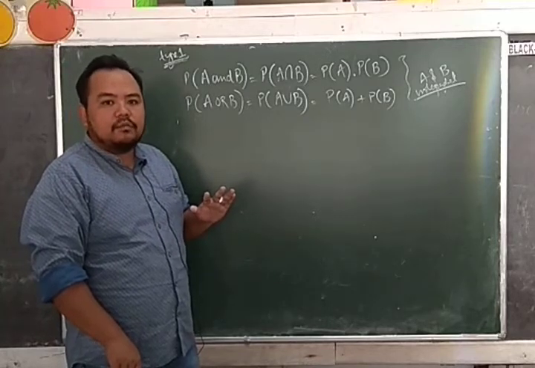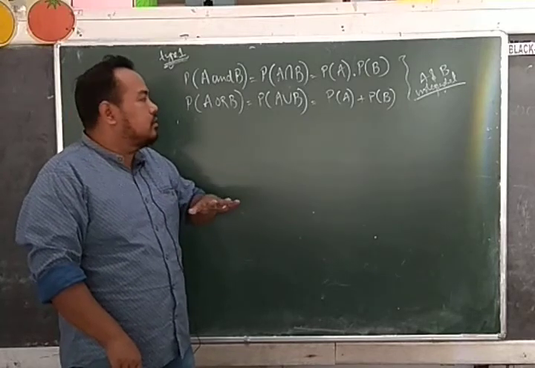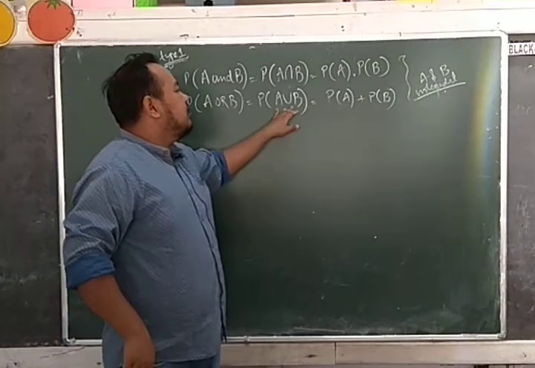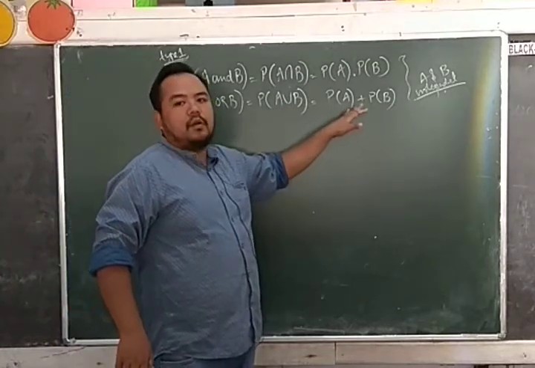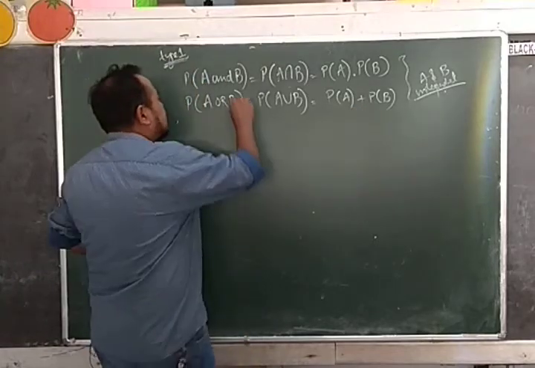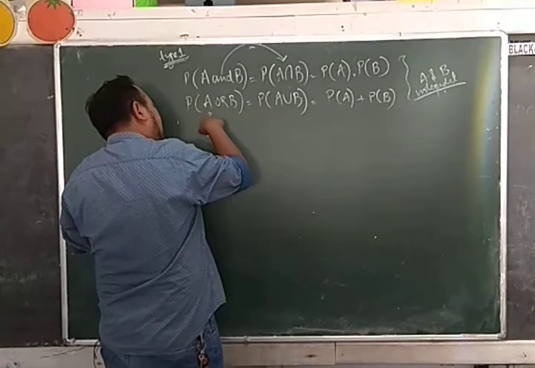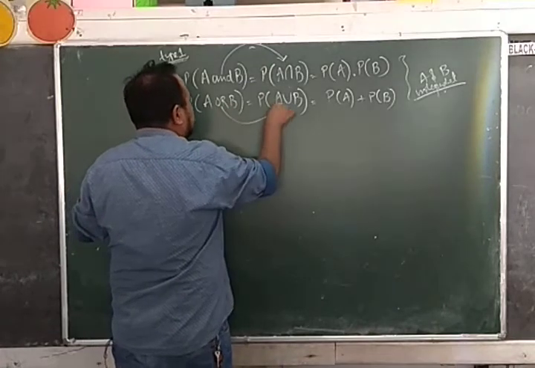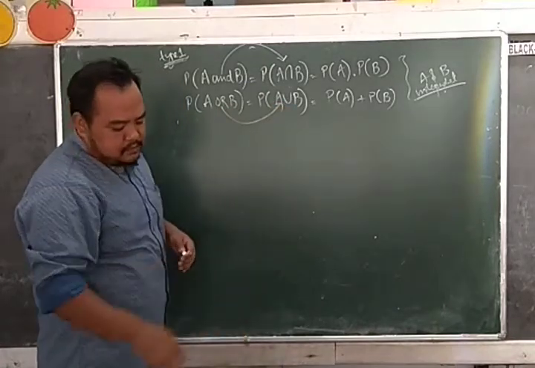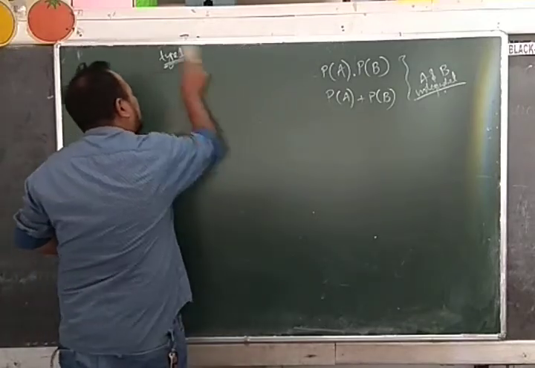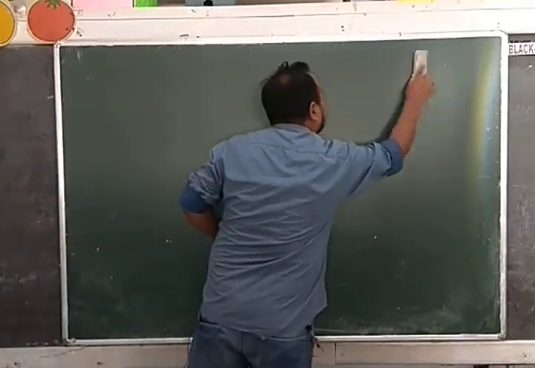There's nothing common, yes or no? So if there's nothing common, then we say that these are mutually exclusive and probability of A union B is equal to probability of A plus probability of B. As you can see, if they happen together, that means intersection; if either A happens or B happens, then we say it is union. Is that clear?